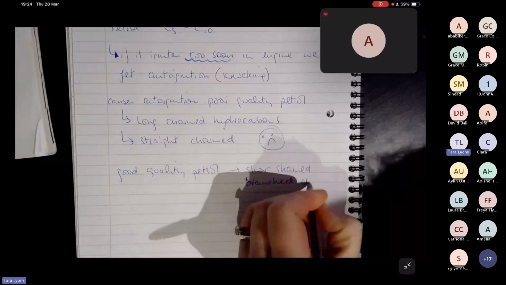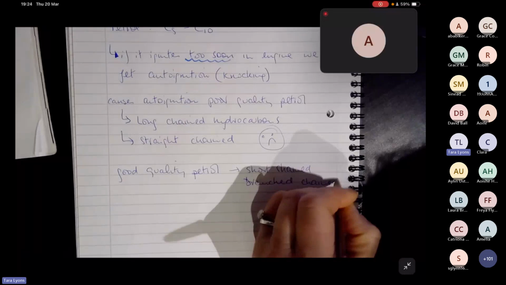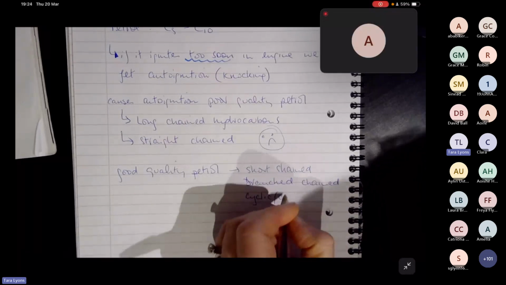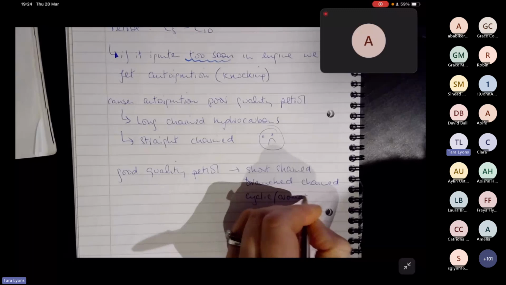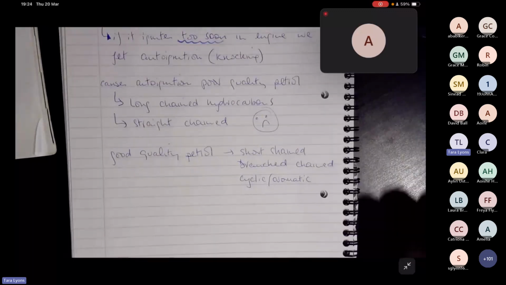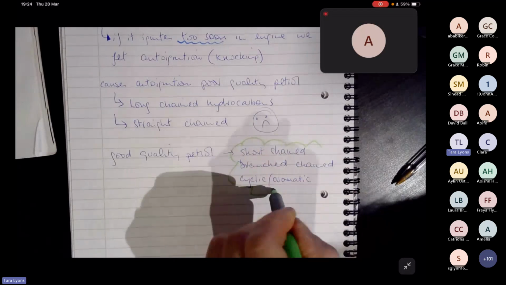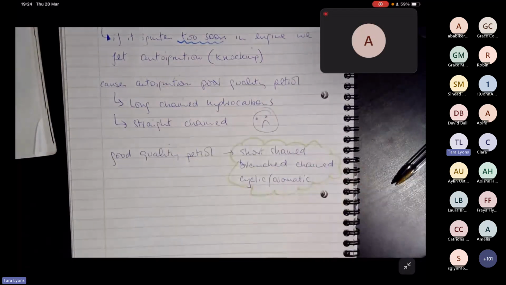So branched, chained, and something that we haven't mentioned, they will either be cyclic or aromatic. So these are the features of the molecules that give you a good quality petrol, and I've lost count of the amount of times that they've asked for these. So, right, the shorter the better, the more branches the better, and if you're cyclic or aromatic, that's good.